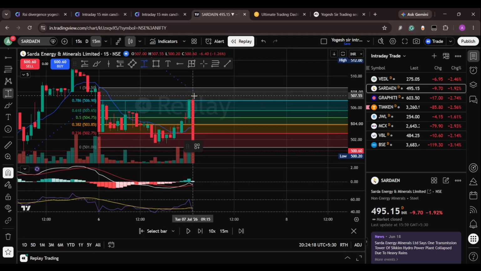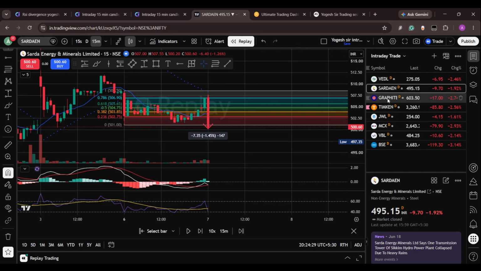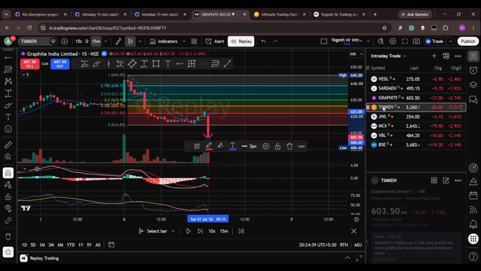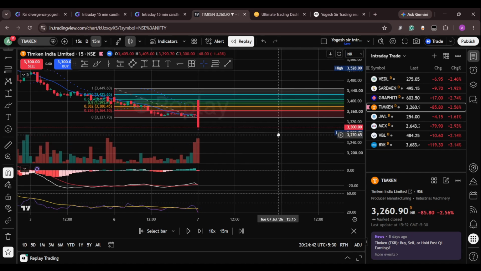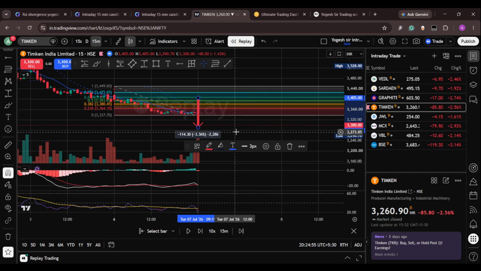Next candle is 1.45. Graphene is 2.6. 3.36.